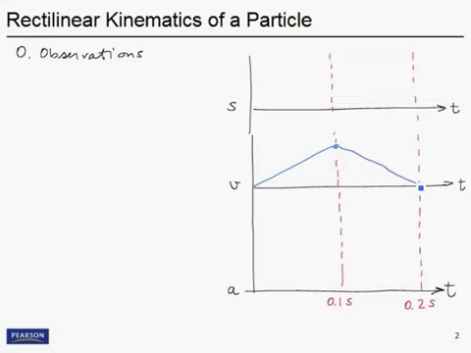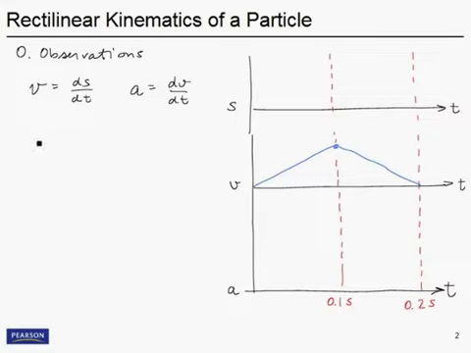Now the question is, how can we go about figuring out what we think S and A are going to look like? Well, in order to do that, we can just write some basic equations that we know to be true. So for example, we know V is going to be ds dt, and we know A is going to be dv dt.